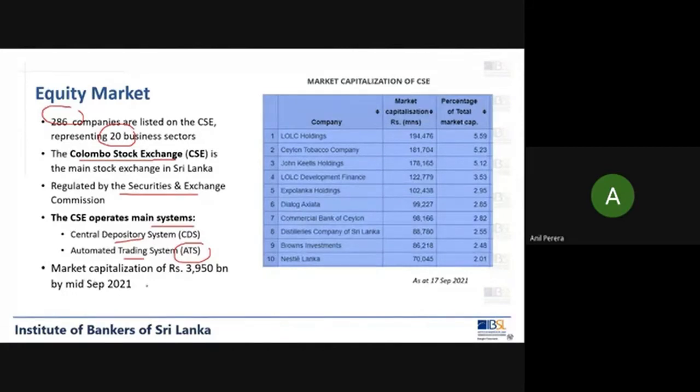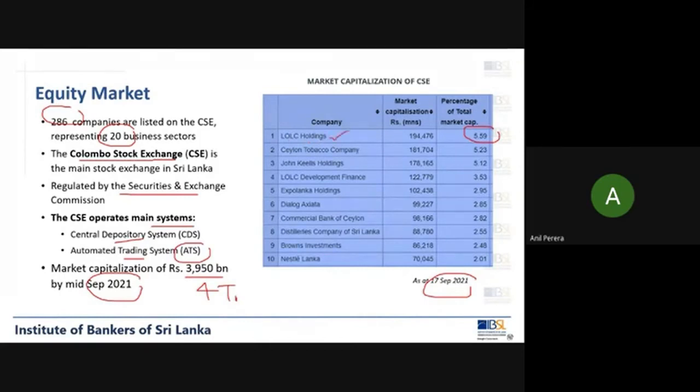In Sri Lanka, right now, the market capitalization is around 3,950 billion, which means closer to 4 trillion rupees. Right now, in 2021, these are the largest companies in Sri Lanka in terms of market capitalization. You can see the highest company has around 6% of the market capitalization.